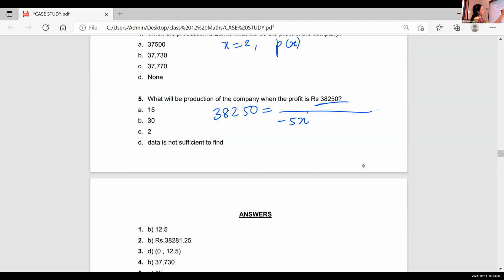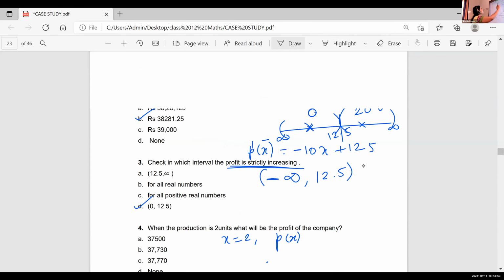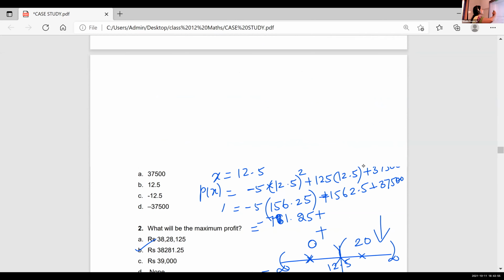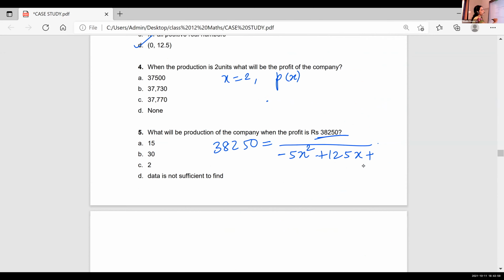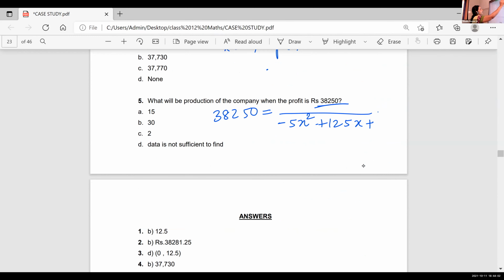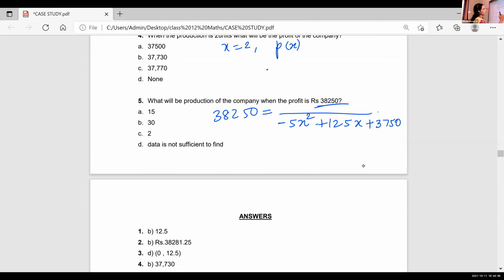Minus 5x square plus 125x plus, what is the constant term there? 37500 plus 37500.